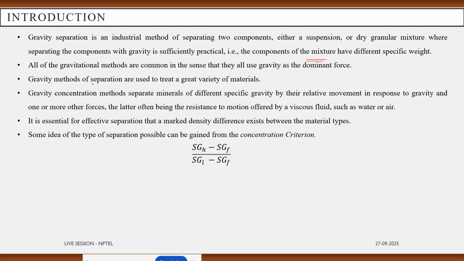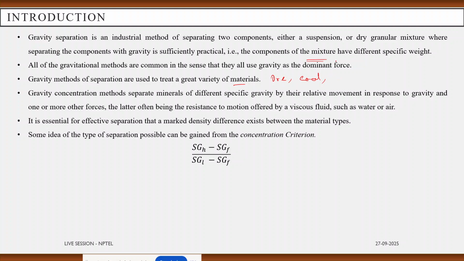Now the gravity methods of separation are used to treat a great variety of material. This material can be different kinds of mineral ores, we can have coal, it has huge applications.